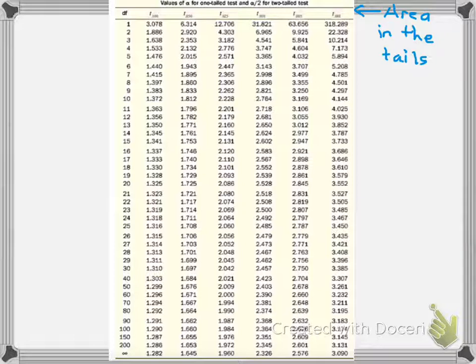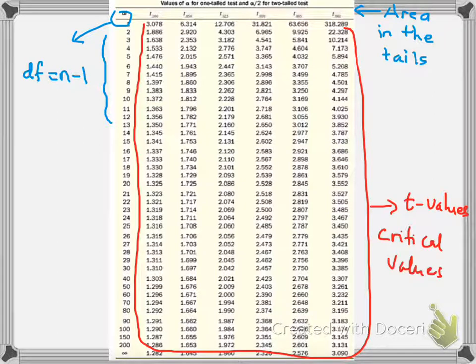Sometimes it's 2.5%, 0.025, and so on. And on the left column, you have the degree of freedom. You can see at the top of the column you have df. So these are the values for the degree of freedom. And in the body of the table, those are your critical t values that you are going to be looking for. So when we do the example now, I'm going to show you how to use this table.